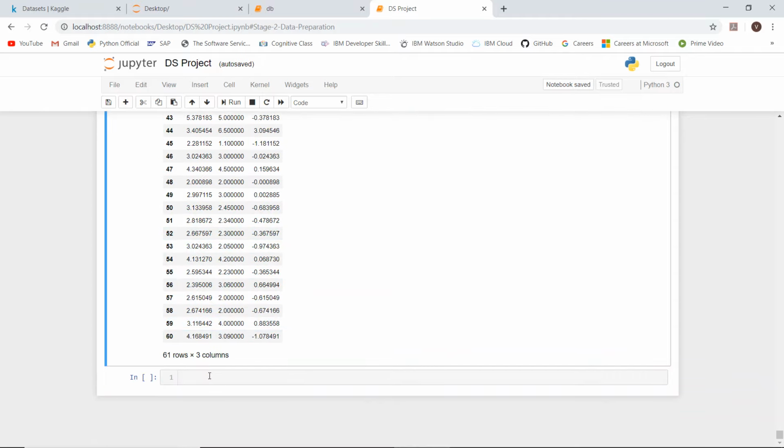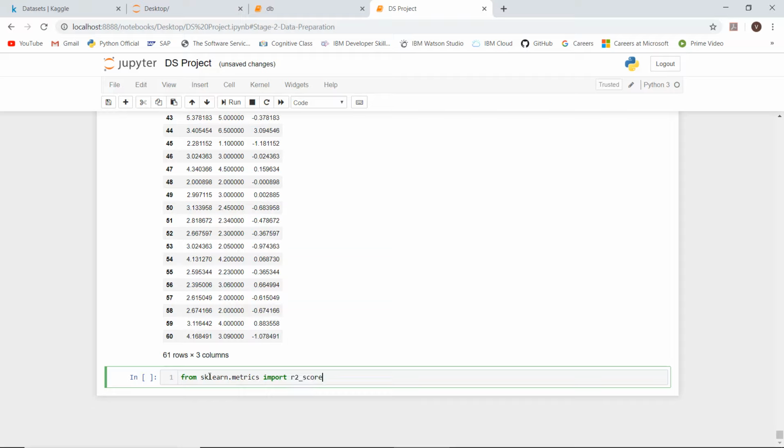Okay, if you want to know how accurately our model predicted, there is, from the sklearn library, sklearn dot metrics, import r2 score.